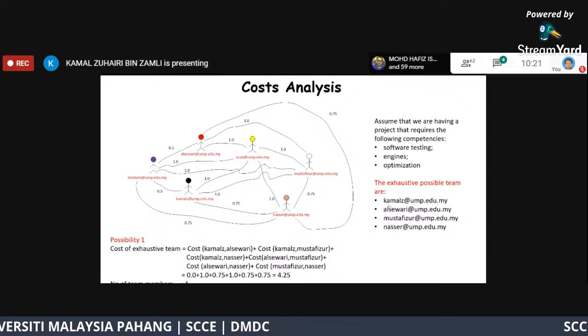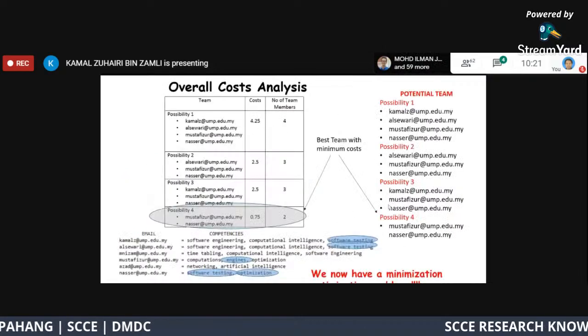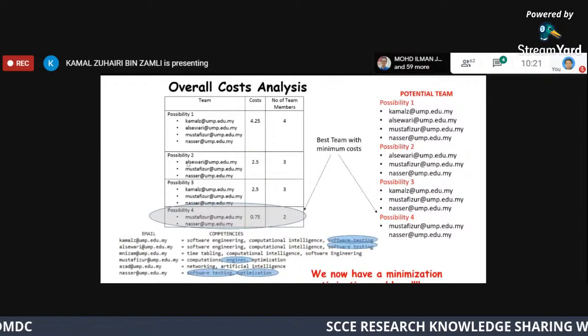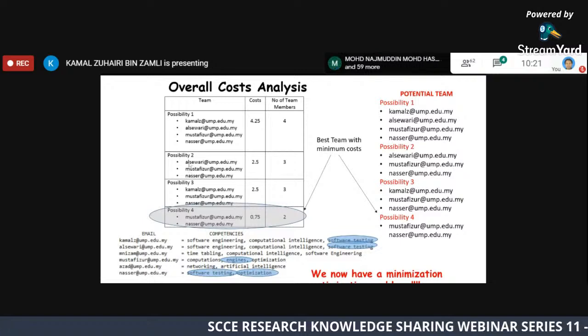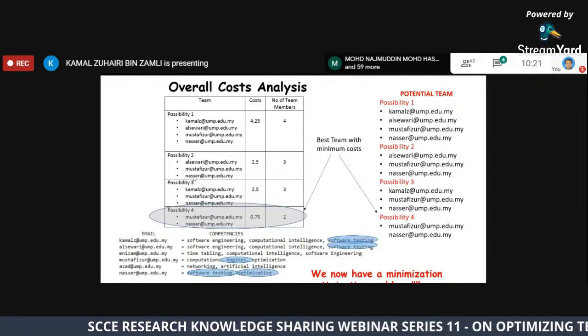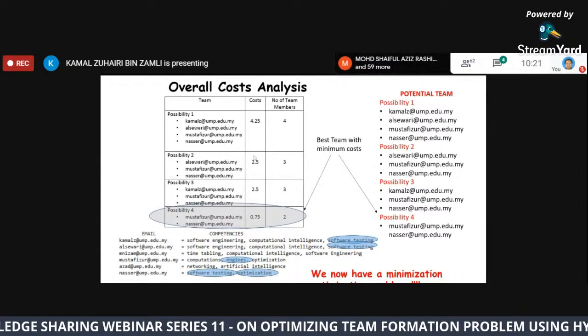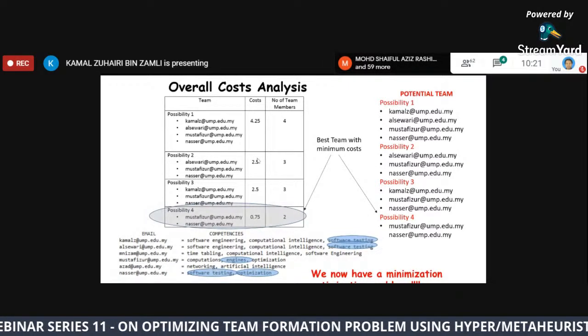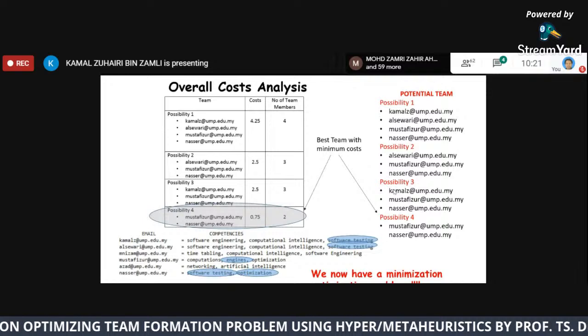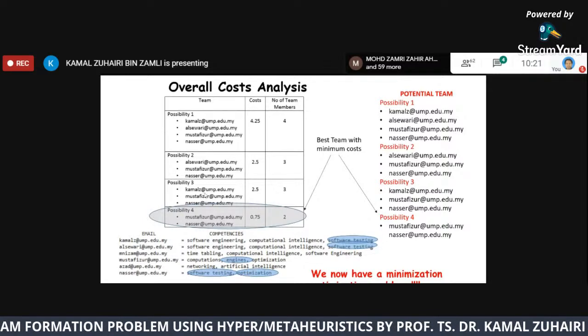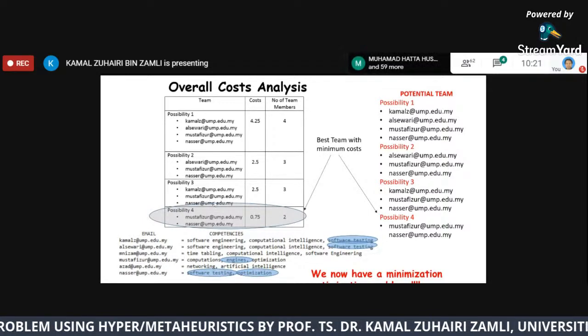Now, if you look at a different possibility, Aswari Mustafizo, Aswari Nasir, Mustafizo Nasir, the cost is actually 2.5. If you look at possibility 3, Kamal Mustafizo, Kamal Nasir, Mustafizo Nasir is 2.5.